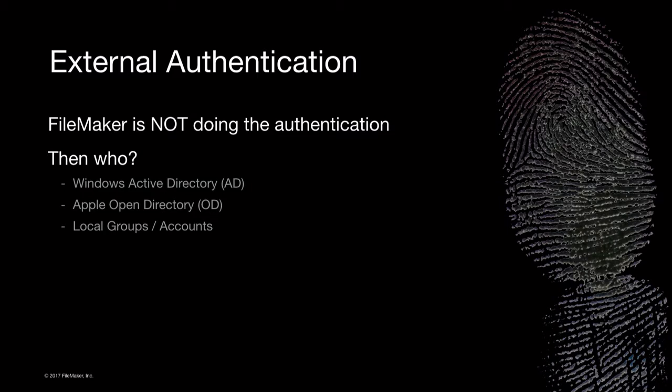So if the machine is not tied to an Active Directory domain or an Open Directory domain, you can still use external authentication using the accounts and groups in the operating system of the machine that has FileMaker Server. So we've had these since FileMaker 7.